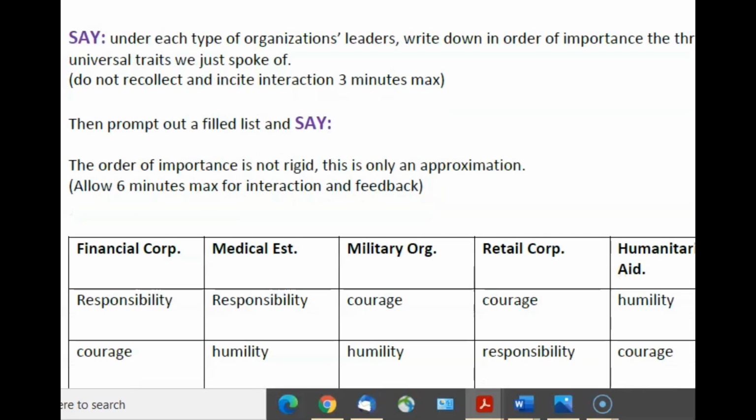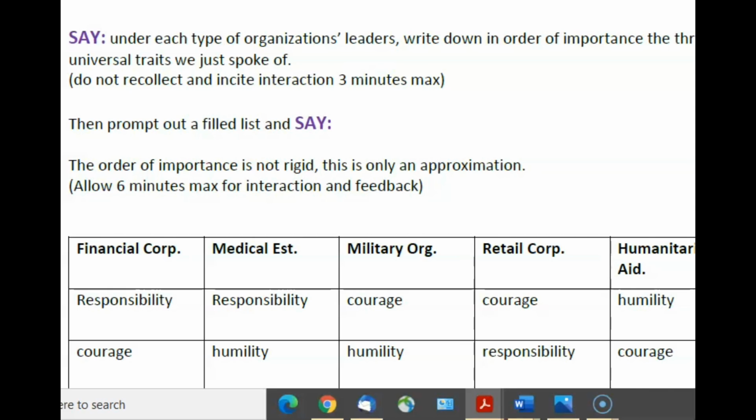So, on this chart, we've given some examples of leaders in different roles. A financial corporation, a medical establishment, a military organization, a retail corporation, humanitarian aid agency.